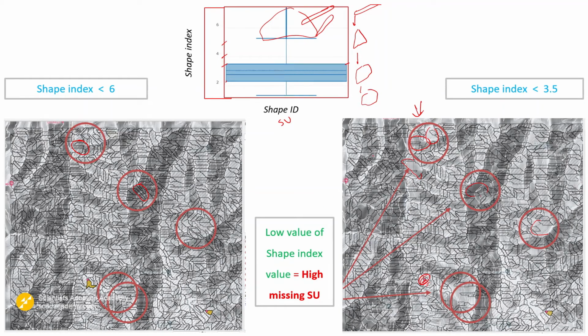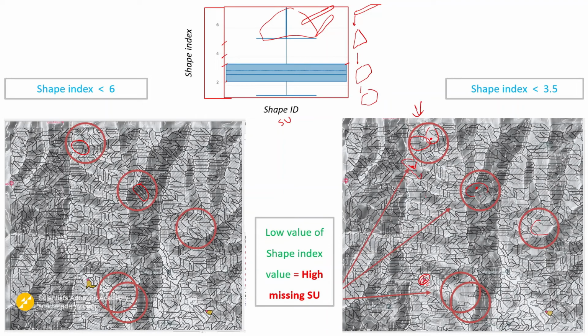But when you reduce the shape index to less than the natural shapes, and you start to have your landslides, for example, in here, when you have no mapping units, that means those landslides are out of your study area anymore. Okay, out of your mapping units, it will not be counted.